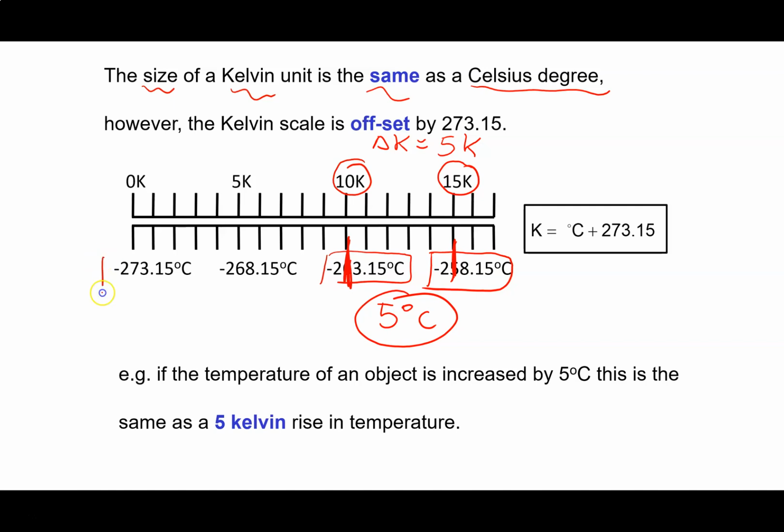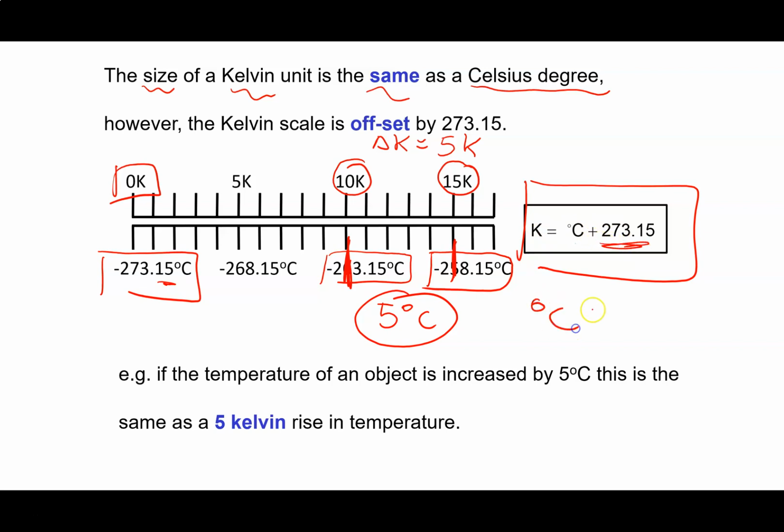Where the two scales are different is in the 0 points. 0 degrees Kelvin is equal to minus 273.15 degrees Celsius. So the relationship you're probably going to use most commonly, for converting from Celsius, which is what we like to measure things in, into Kelvin, which is what we like doing calculations in, is you just add 273.